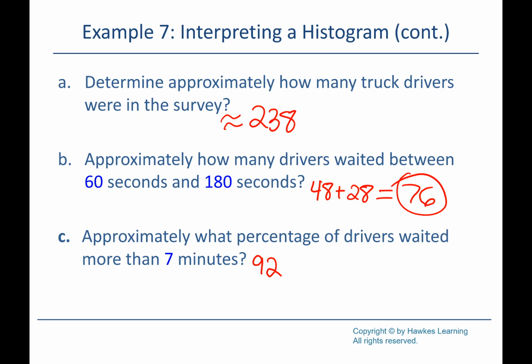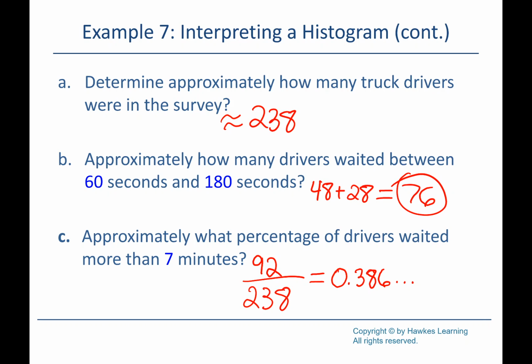So how can we get that? We need to divide by the total. We said that was about 238. And then now we're kind of back to the last test, right? 92 divided by 238. That's 0.386.